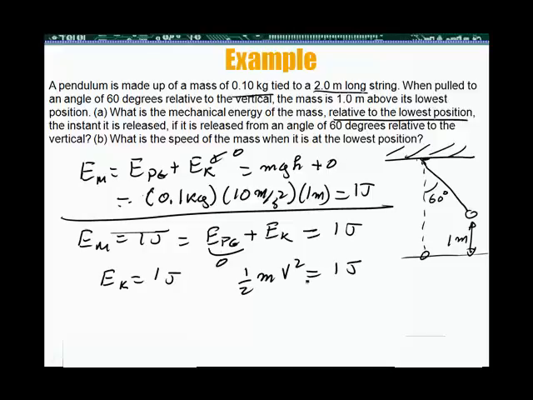So I can use this to solve for v. v squared is then equal to 1 joule divided by 1/2 of m, so 1 joule over 1/2 times 0.1 kilograms.